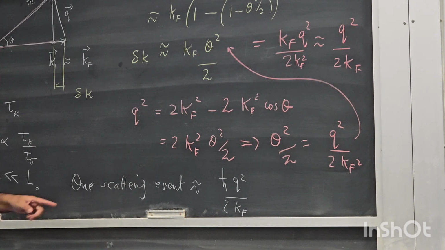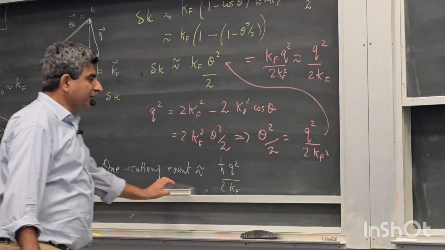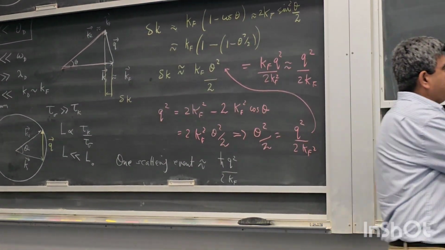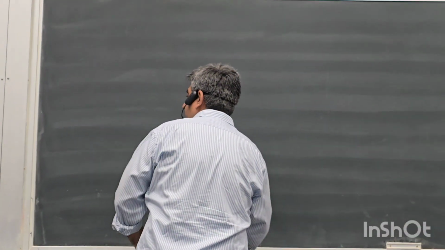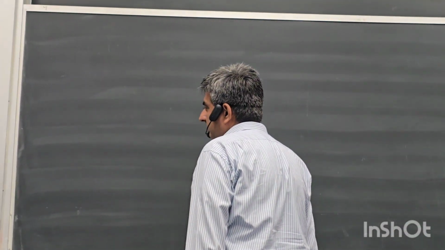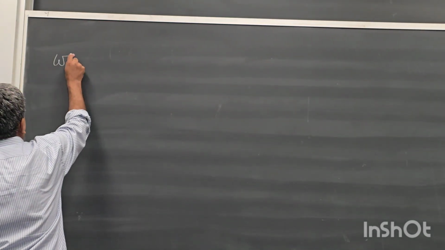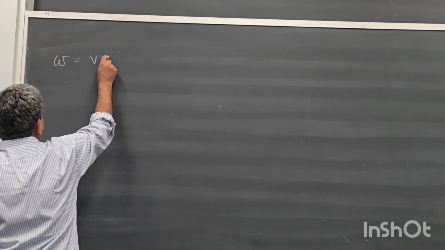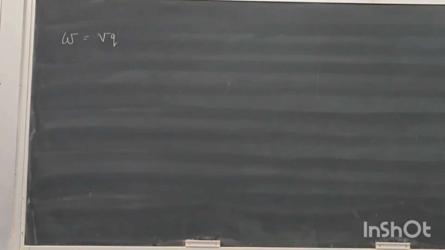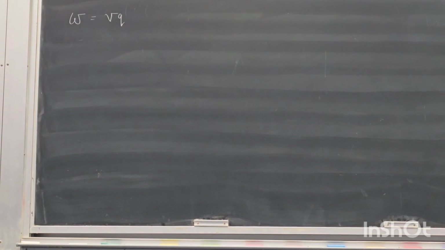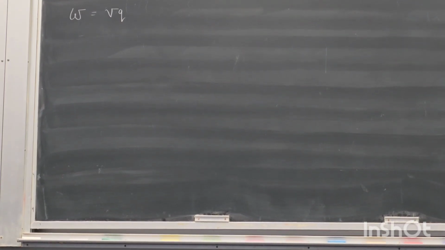Now we also know that for acoustic phonons, omega is the speed of the phonons times q, correct? So this q square becomes proportional to omega square.